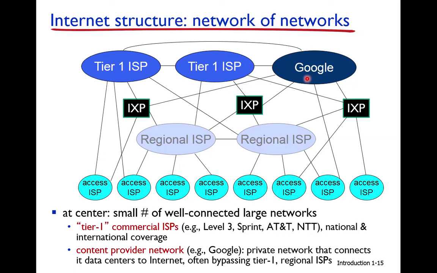And basically their network is connected to the regional ISPs and to the access ISPs directly, so that the access ISP can directly access the Google server with less delay and less cost. I think it should be clear.